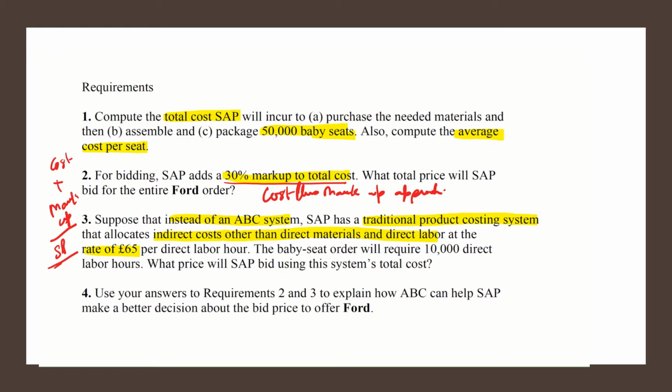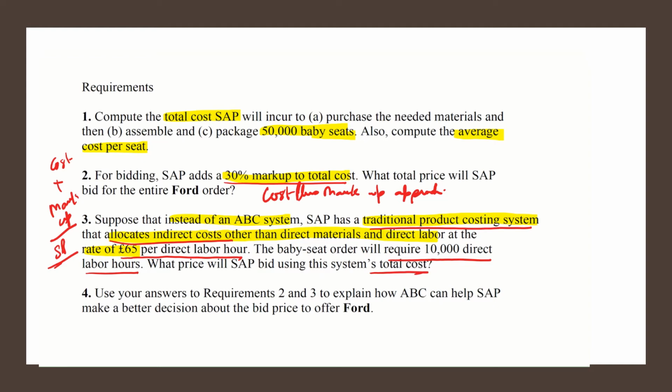So the company allocates its indirect cost at a rate of 65 per direct labor hour, and the company says that it requires 10,000 direct labor hours. So we are required to find out what is the total cost as per the traditional product costing system.